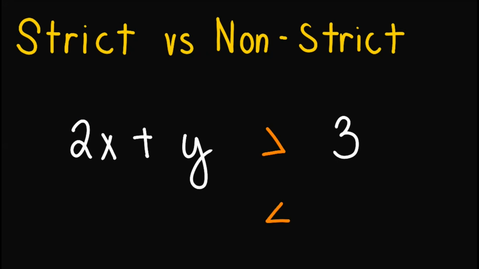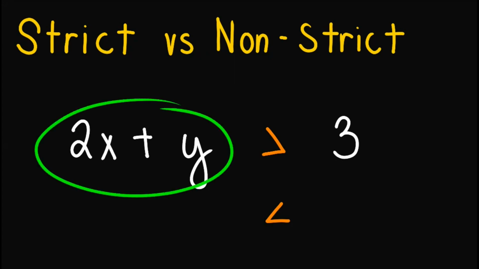So why is it strict? It is strict because this algebraic expression out here can never be 3. So it will always be not 3. It can take on values such as 3.000001, but it can never take on 3.